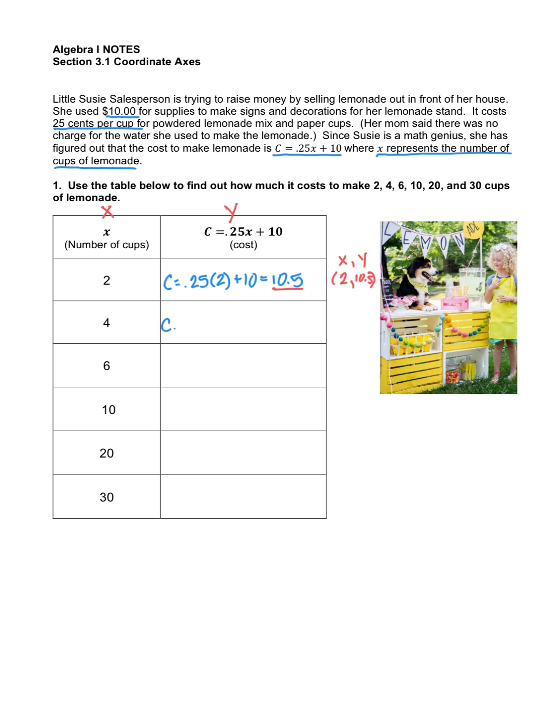Let's go ahead and do the next one. We have C equals 0.25 times 4 plus 10, and that will equal 11. So our x coordinate will be 4, and our y coordinate will be 11.